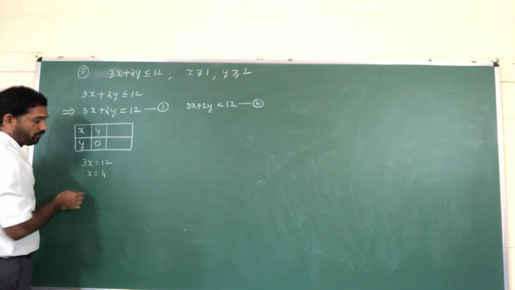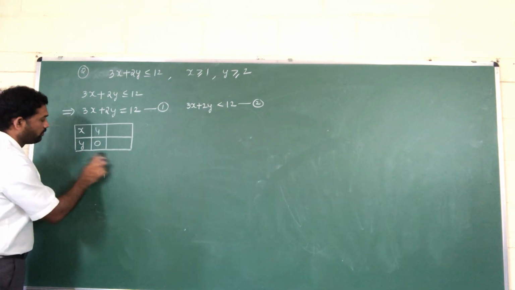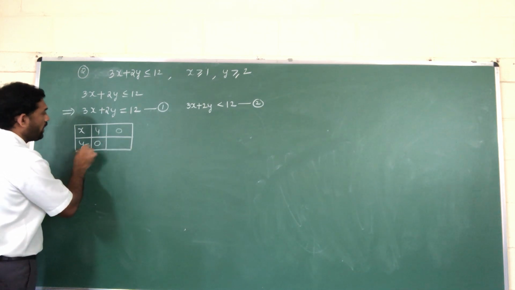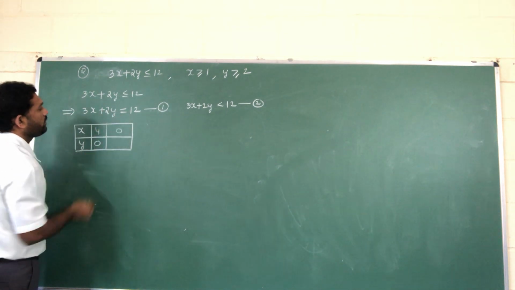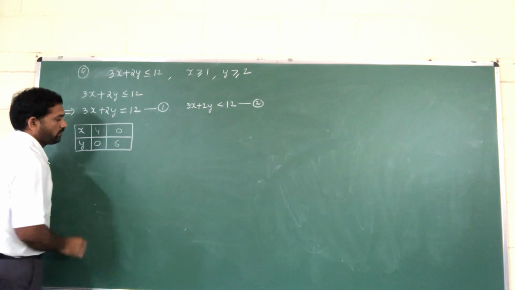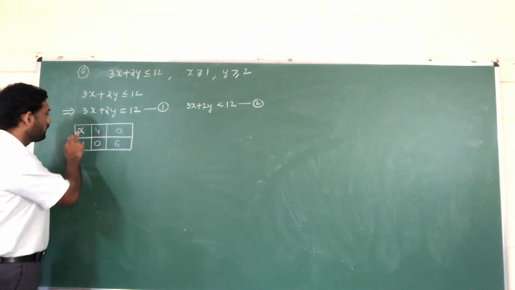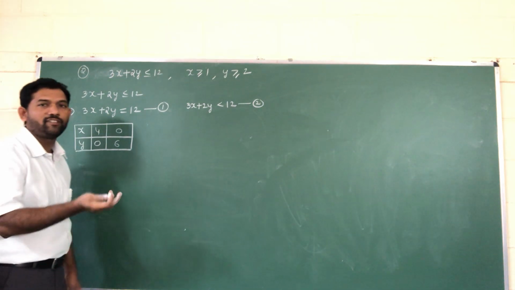Next, put x equal to 0, what is the y value? So 2y is equal to 12, y is equal to 6. So on the y axis maximum value is 6, on the x axis maximum value is 4.